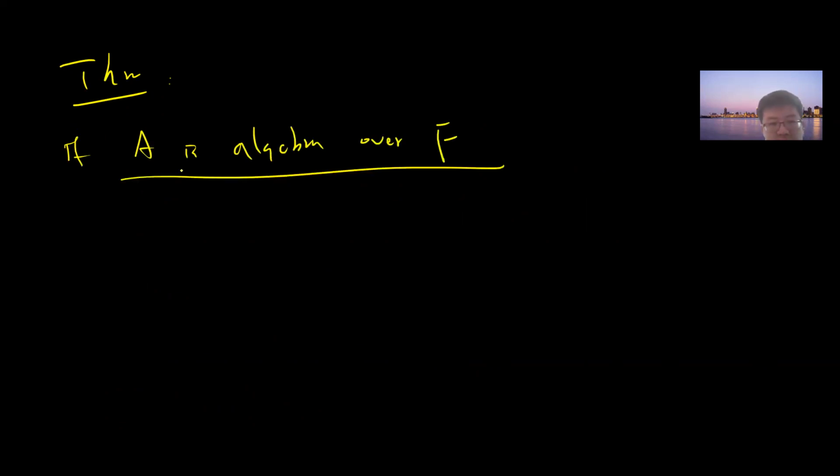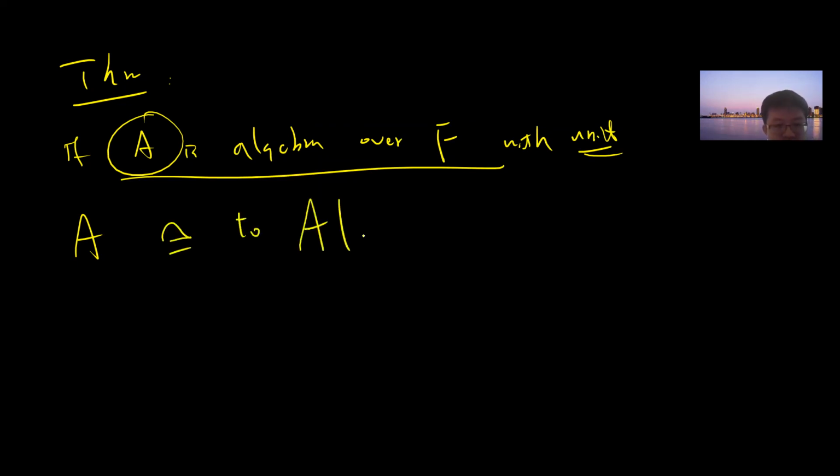If A is an algebra over F, remember, algebra over F means A is an associative ring and A is a vector space over F, with a unit element, which is the identity required for a ring, then A is isomorphic to a so-called subalgebra. A subalgebra is also an algebra, but only on a subset. The fact is that A is isomorphic to a subalgebra of A_F(V) for some vector space V over F.